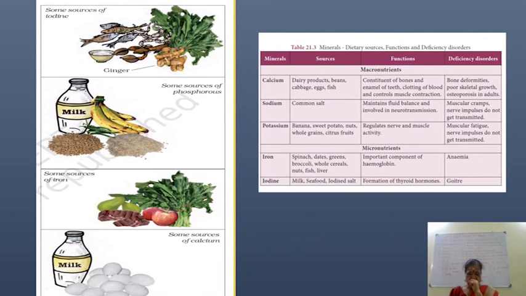Then about minerals: calcium, sodium, potassium, iron and iodine.